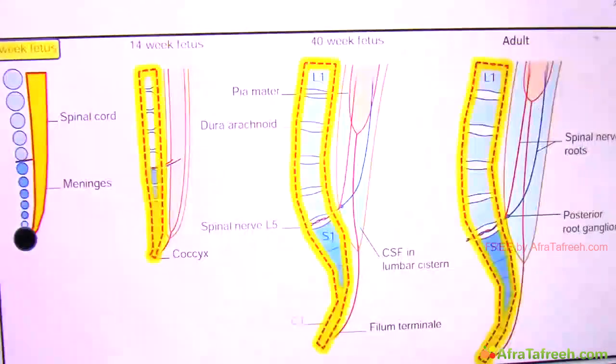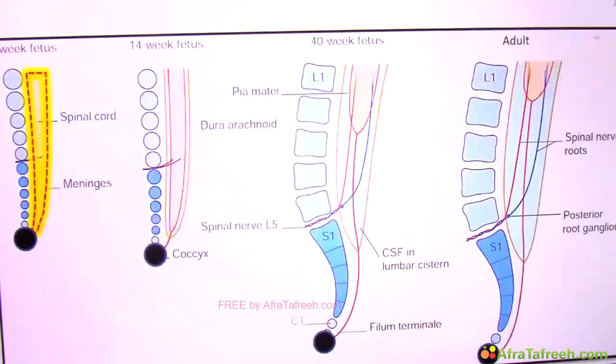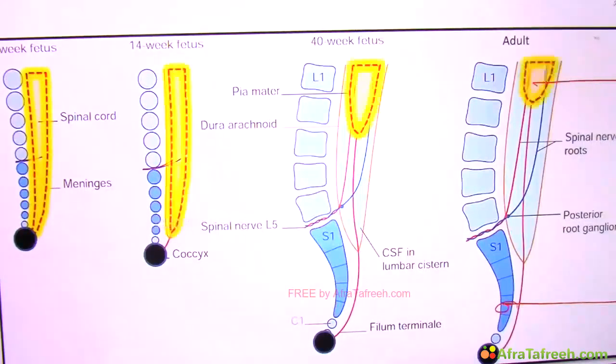Actually, the vertebral column becomes approximately 60 centimeters long. And what is the length of the spinal cord then? It is not growing that long. It will be around 45 centimeters. Spinal cord is growing, but not at that speed.